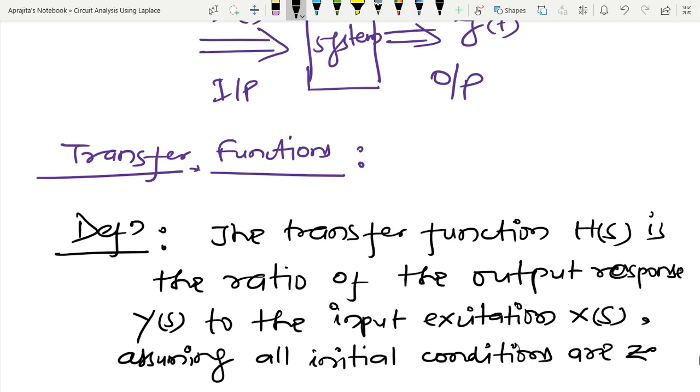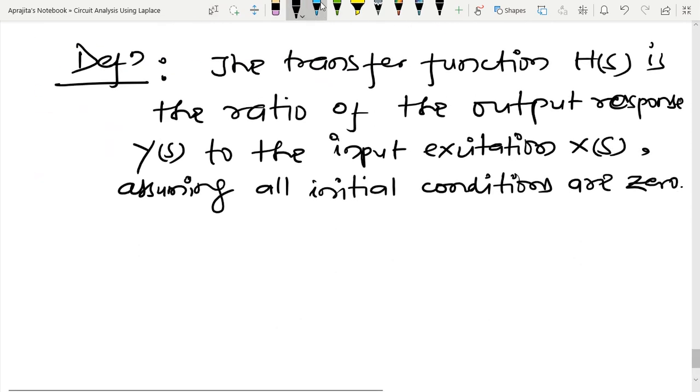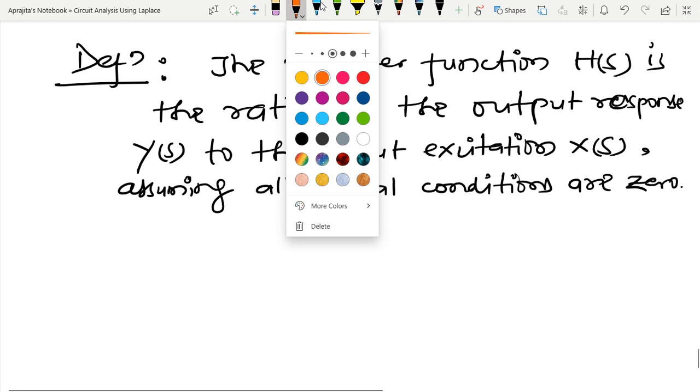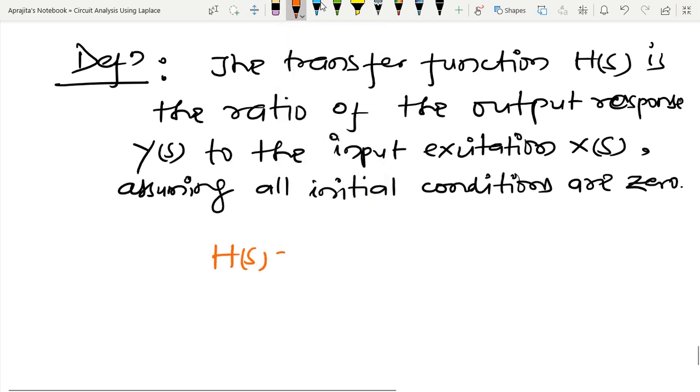So here we have defined the transfer function in a more generalized way. Mathematically, the transfer function H(s) is nothing but the Laplace transform of output by the Laplace transform of input.